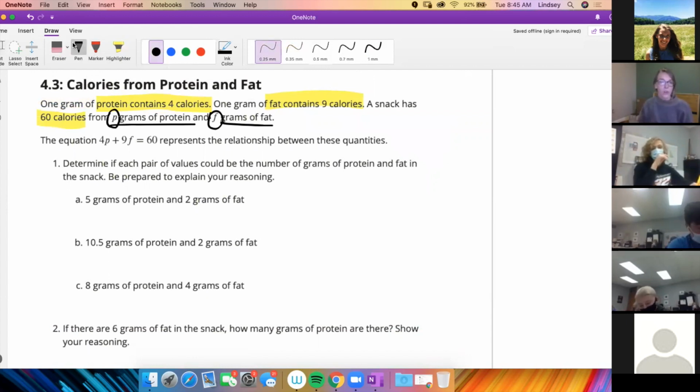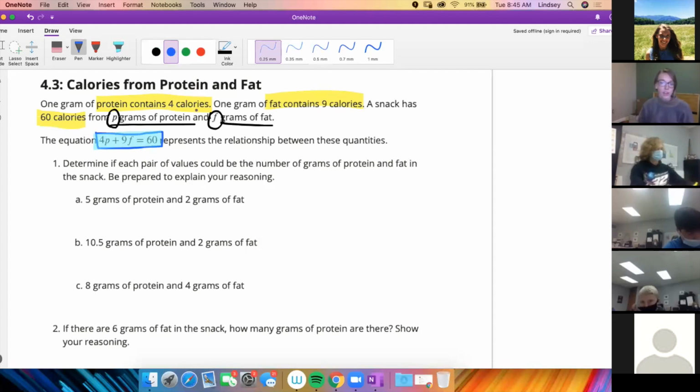Once again, they've come up with a nice equation for us. Anytime they give you an equation, I would put a box around it, highlight it, do something with it because it's important. So that represents this situation.